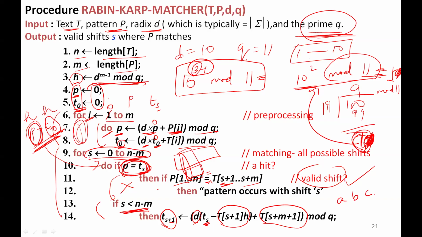As I said earlier, like we have A, B, C. When you're checking A, B, C, we get a hash value here, right? And then when we're adding a new character, we subtract a part of A from the total hash of ABC and then we add a part of D. That is what is done here. We subtract a part of the first character, multiply by 10, the radix, whichever it is, and we add a part for the units place.